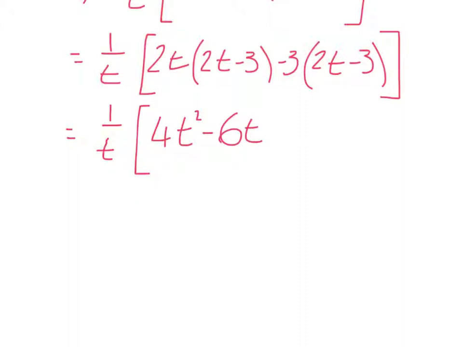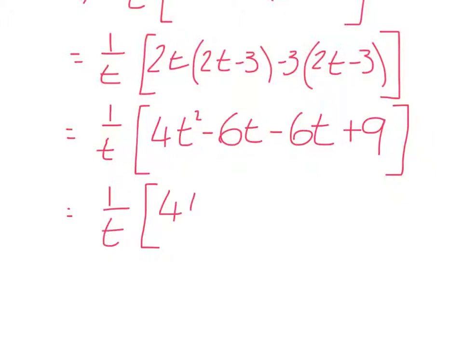Then minus 3 times 2t is minus 6t again. Then minus 3 times minus 3 is plus 9. We can simplify the inside of the square bracket before we go any further. So that's 4t squared, minus 6t minus 6t is minus 12t, plus 9.